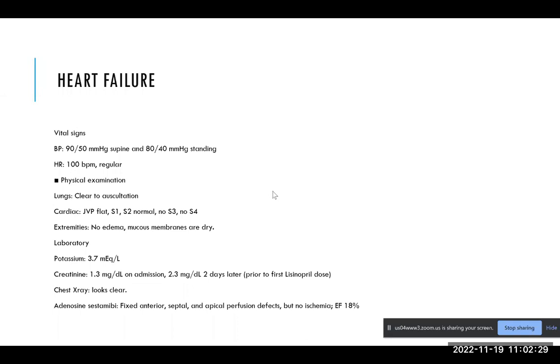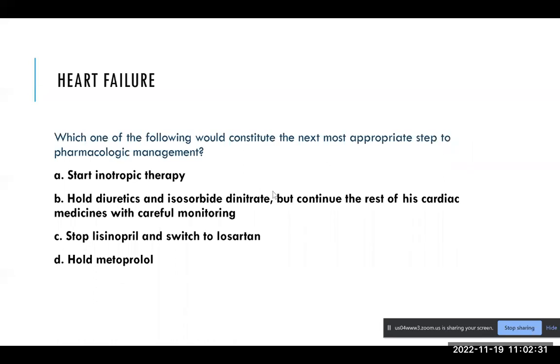Creatinine has increased. So which one of these? I think B. Okay.